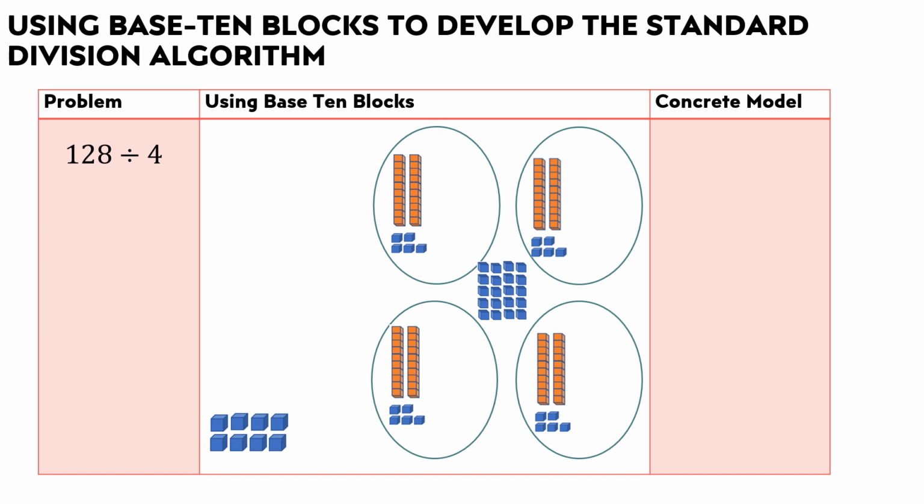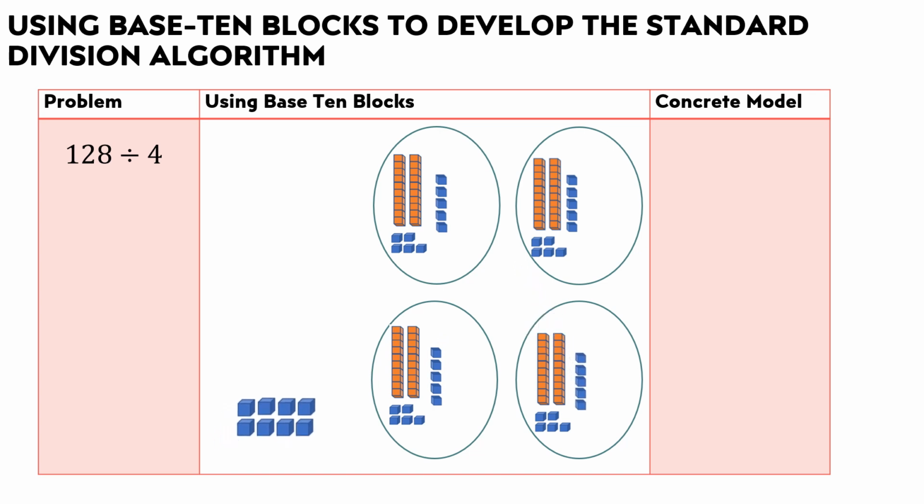I can break 20 up into 4 groups by giving 5 to each group. So each group gets 5 1s. And then the last thing that I need to do is take my 8 1s and divide them equally into my 4 groups. That gave me 2 for each group.